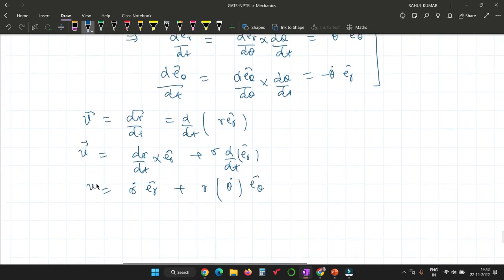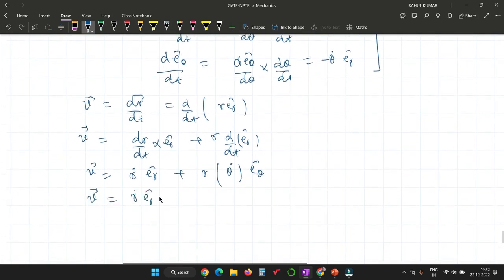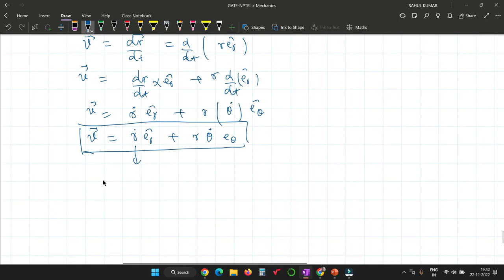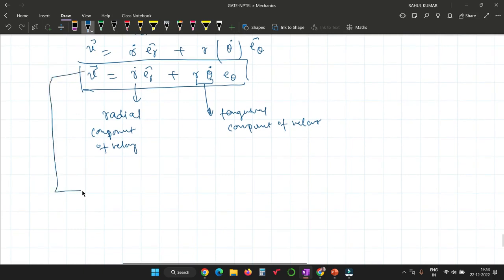So v is r dot er cap plus r theta dot e theta. This is called the radial component of velocity, and this is the tangential component of velocity.